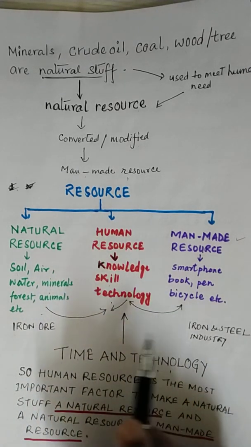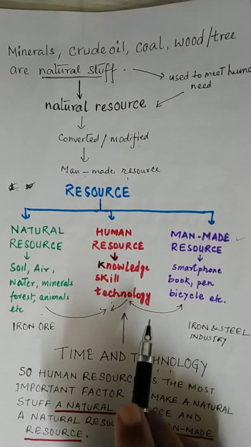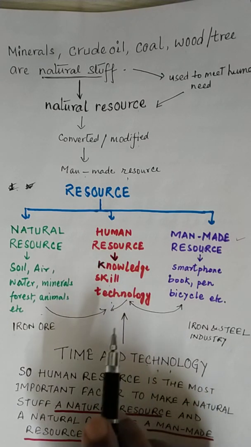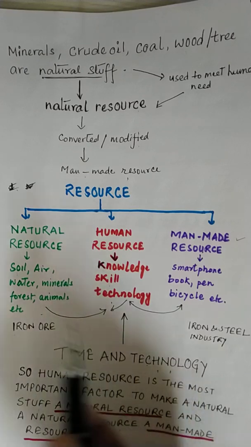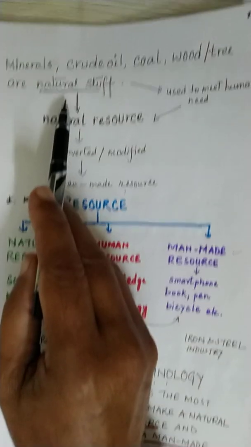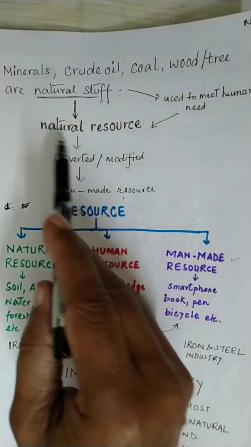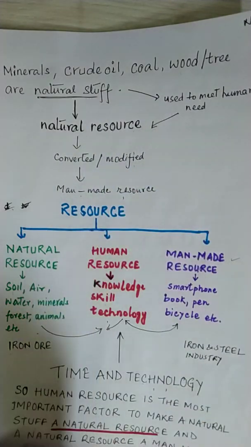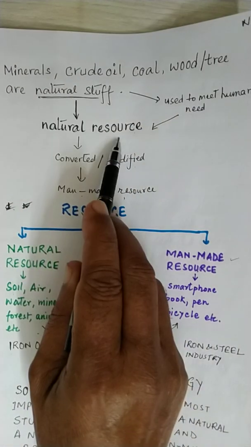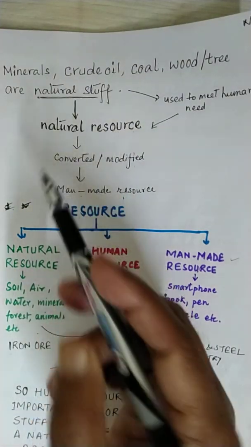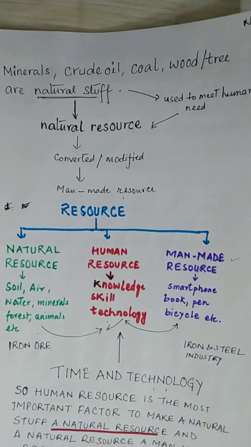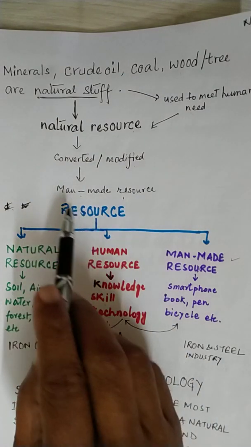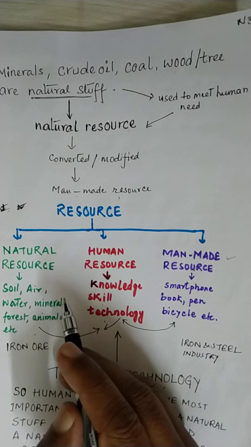They are the components of environment. So when natural stuff is converted or used by humans to meet their needs, they become natural resource. And when it is further modified or converted, then it becomes man-made resource.